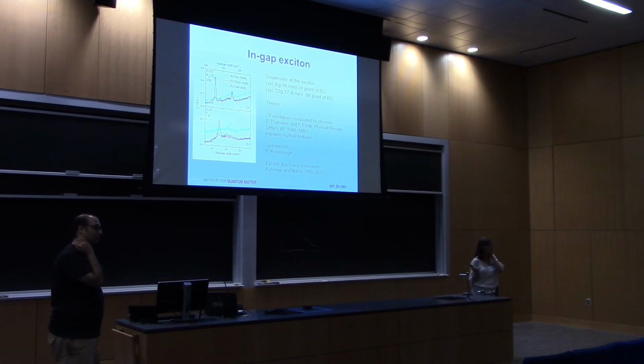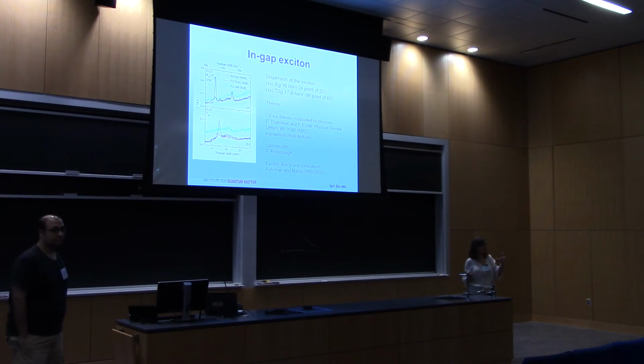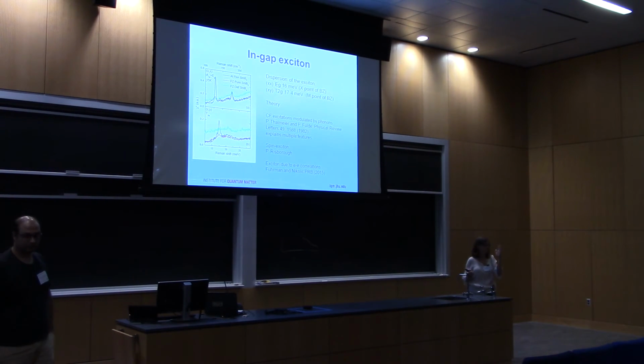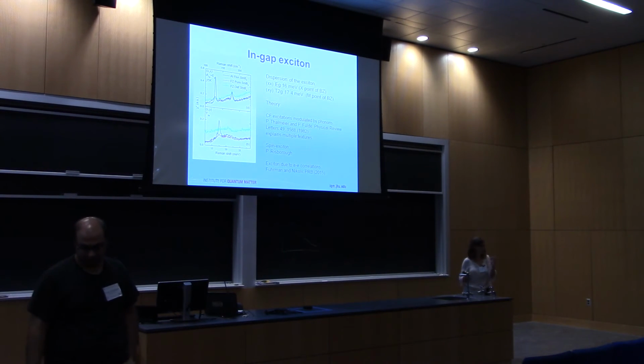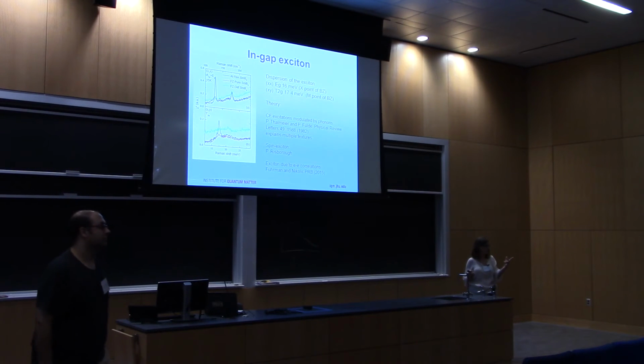But did I understand correctly that it appears at more than one frequency? There are two things. There is a sharp feature which appears at different frequencies at different symmetries, different polarizations.